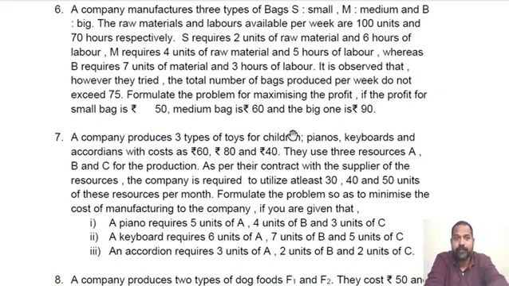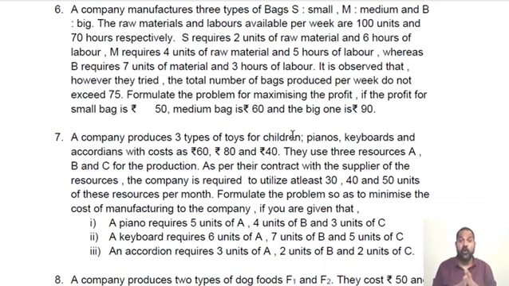What does the question say? A company manufactures 3 types of bags: small, medium and big. Raw material and labor available per week are 100 units and 70 units. So maximum amount of raw material available is 100 units and labor available is 70 units. S requires 2 units of raw material, 6 hours of labor.